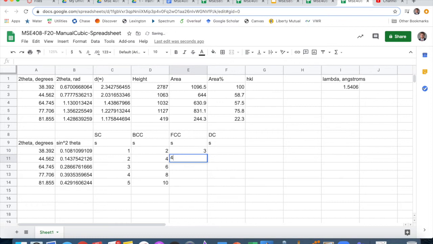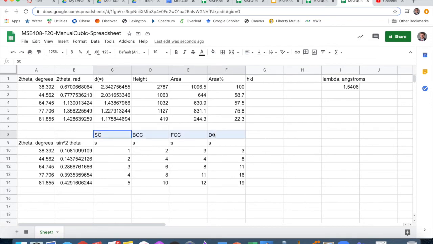FCC should be 3, 4, 8, 11, and 12. And then for diamond cubic, that was 3, 8, 11, 16, and 19. So each of these would be an assumption that you're saying the S values are this, this, this, or this.